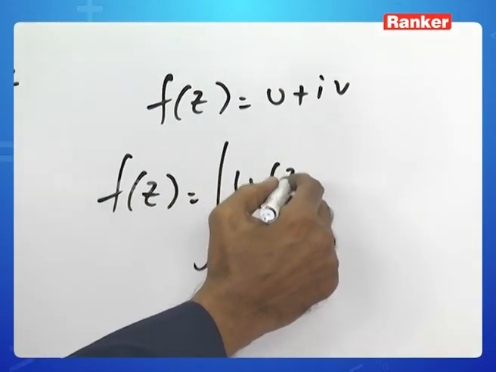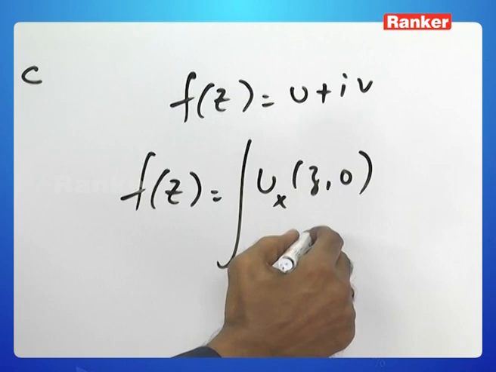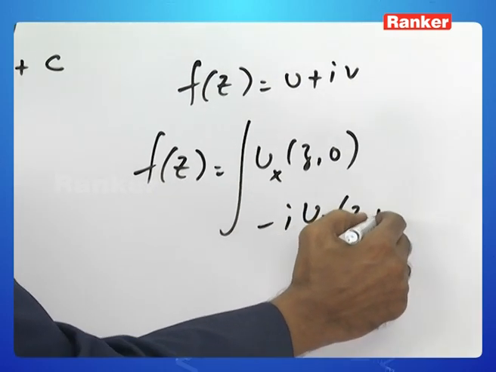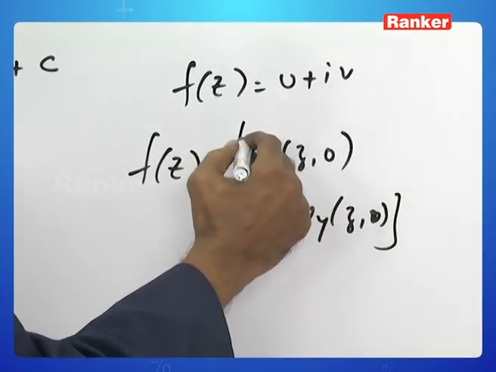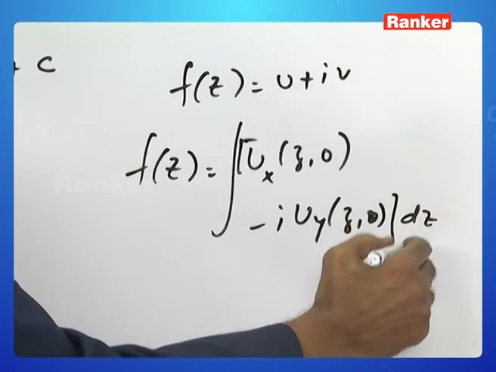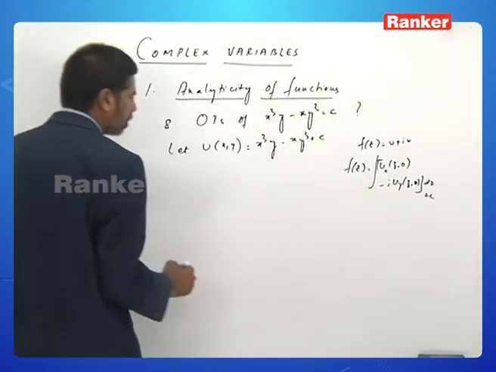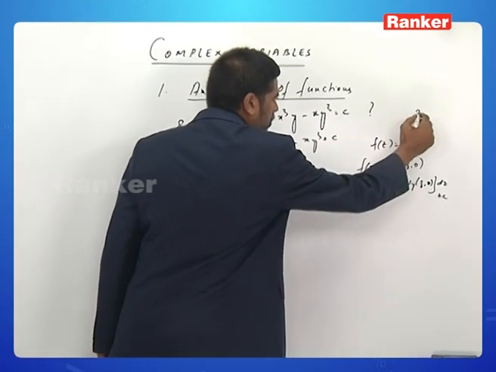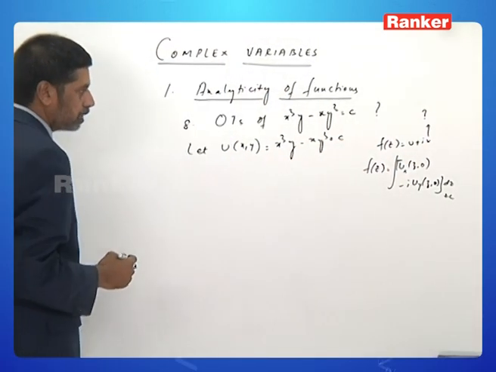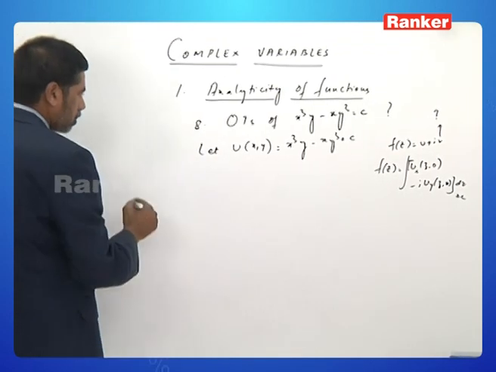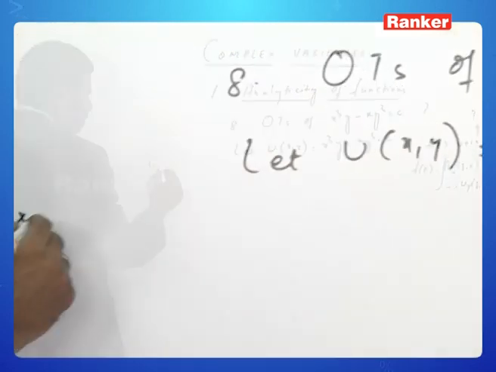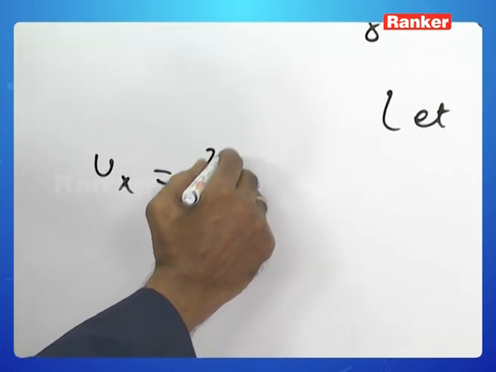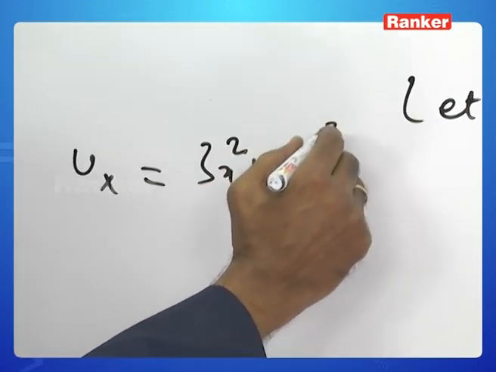given the real part. So the goal is to find v. Those will be orthogonal to the trajectories u. So let's begin with ux. 3x square y minus y cube.